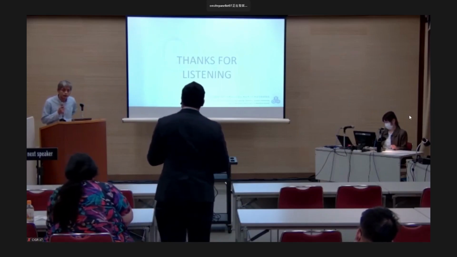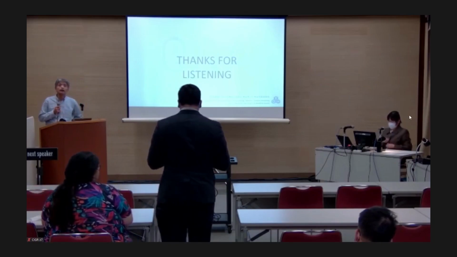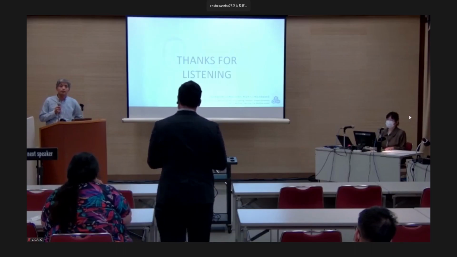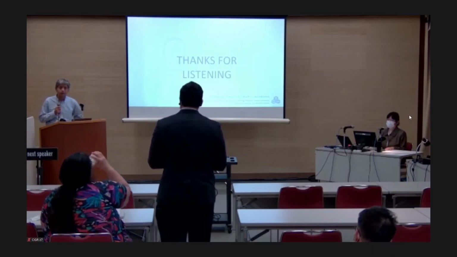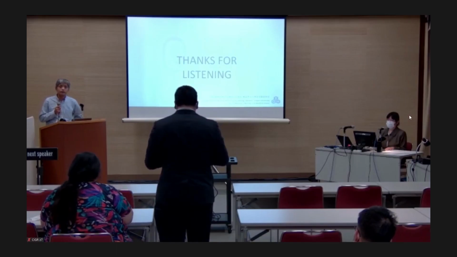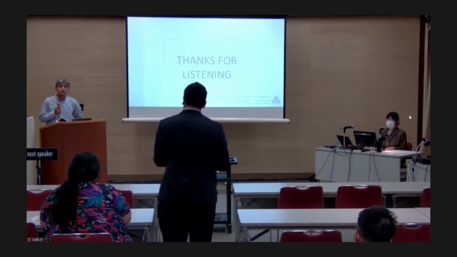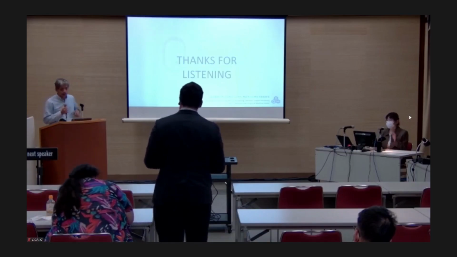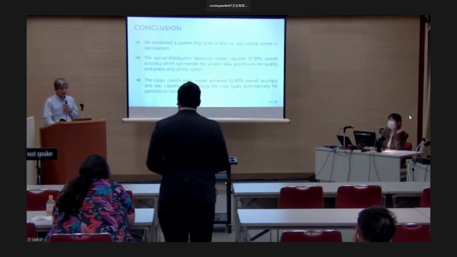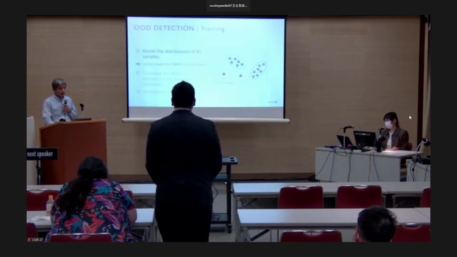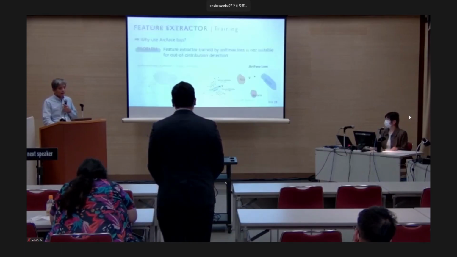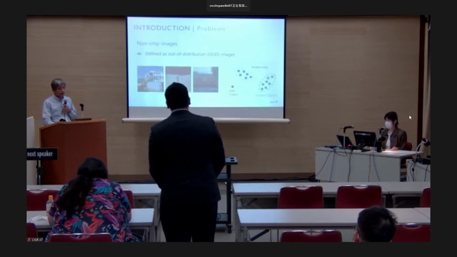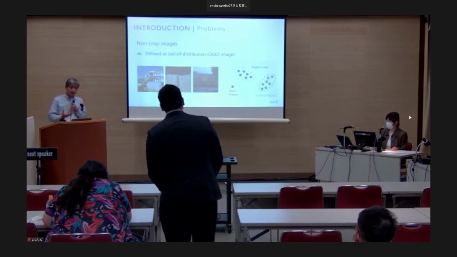Thank you very much. So we have anomaly detection, the usual way of detecting anomalies. Could you please explain what the differences are between OOD and anomaly detection? It's basically anomaly detection, but in a sense, we are dealing with two problems together. One problem is that we have images that are not crops at all.